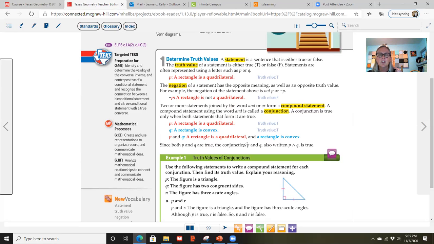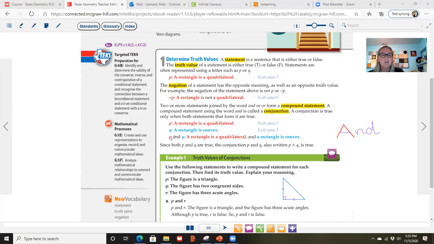The conjunction of P and Q can also be written like this little symbol right here. This is the symbol that means conjunction, and it also can be pronounced and. Think about it, it looks like it's going to be the word and. That's a mnemonic device that might help you remember it.